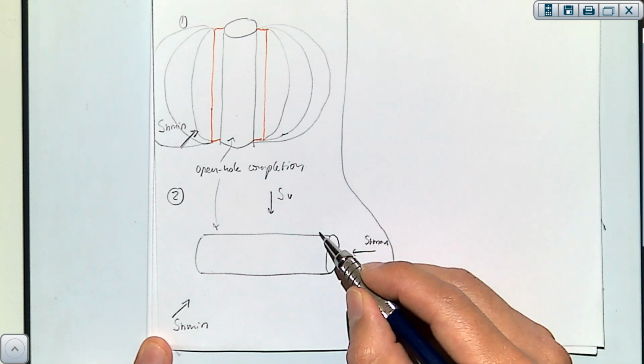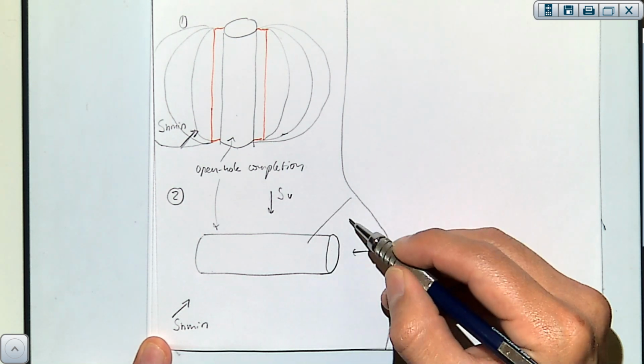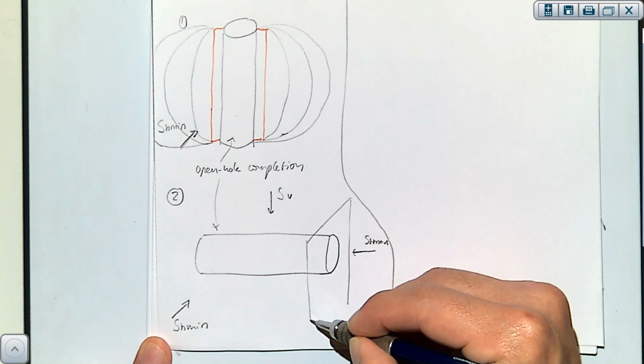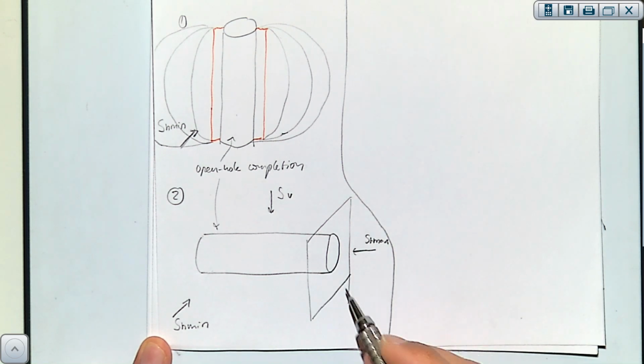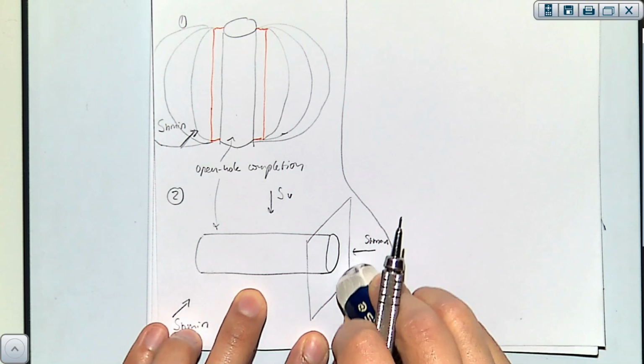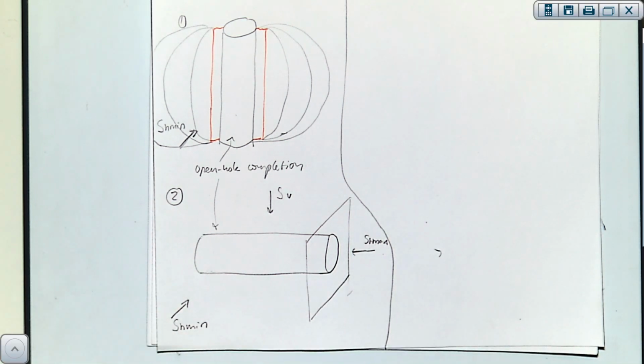So I'm going to make this a little bit easier. Let's imagine that this is a cross section of the wellbore there at that position. So you're right, Stefan, but why?